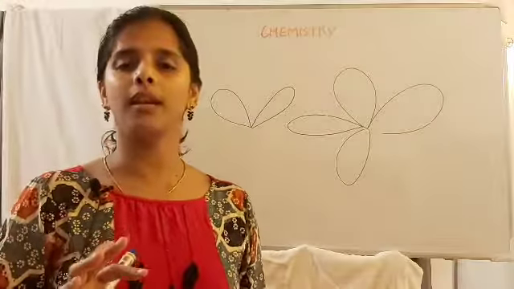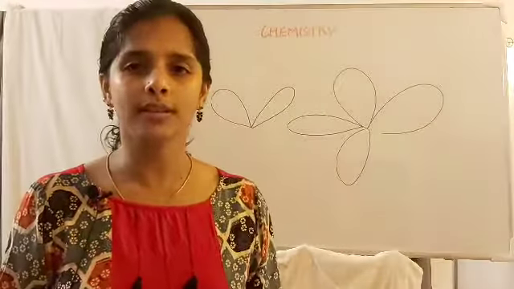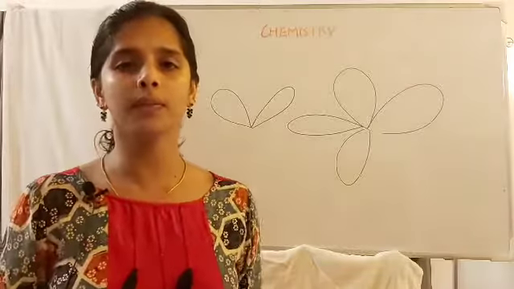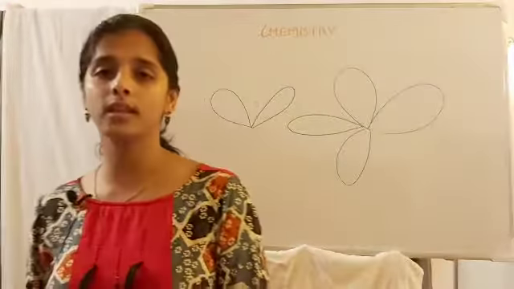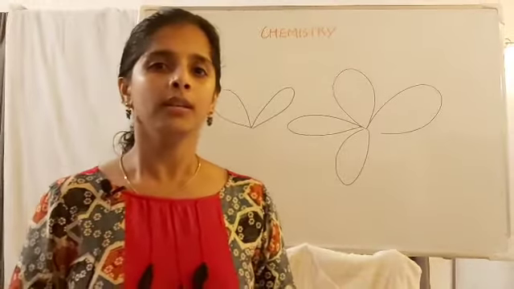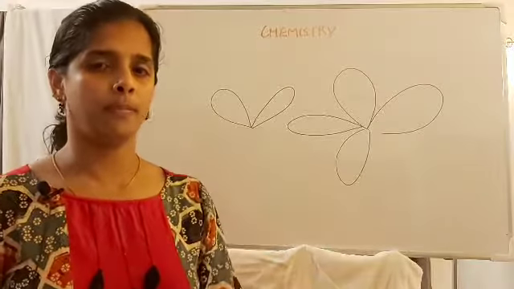In a similar manner, when we are talking about atoms or molecules, we can say atoms combine together to form different types of compounds. Elements combine together to form different types of compounds. While they are forming these compounds, they have definite shapes.